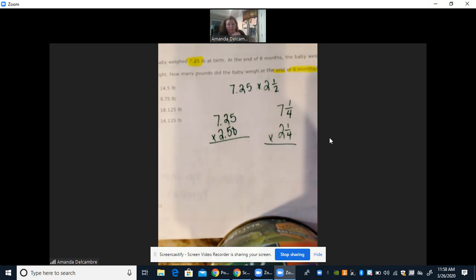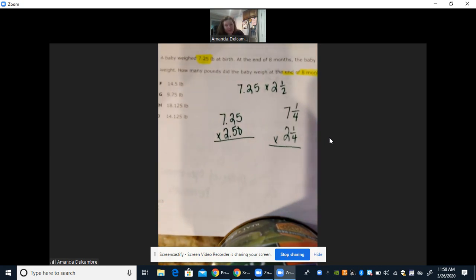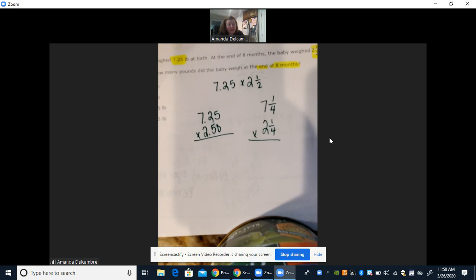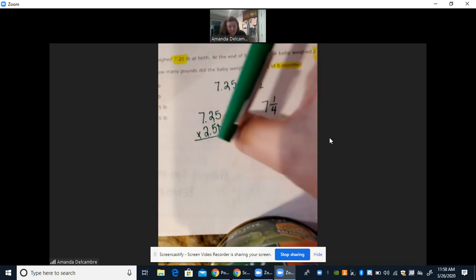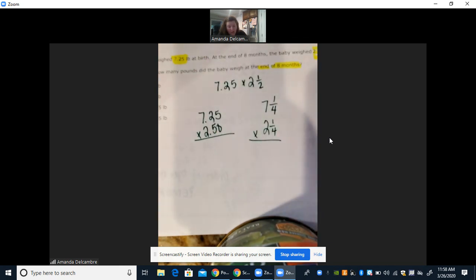Now remember, when we multiply here, we first need to make them into improper fractions and then get them to have the same denominator. Once you figure out which one you like best, solve it and you should be able to get the correct answer. It doesn't matter because you're still going to get the same number.